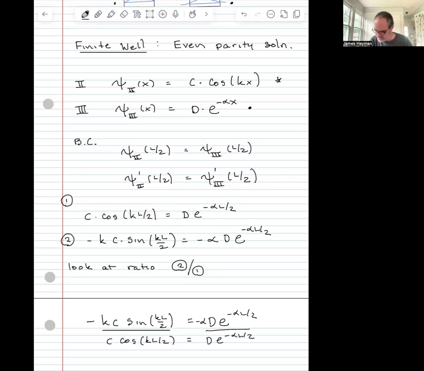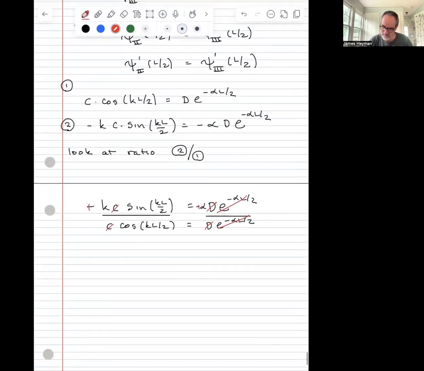You see what we've done? What's neat about this is that many things cancel out. C and D cancel out, the negative sign cancels out, and the exponential term, e to the minus alpha L over 2, cancels out as well.